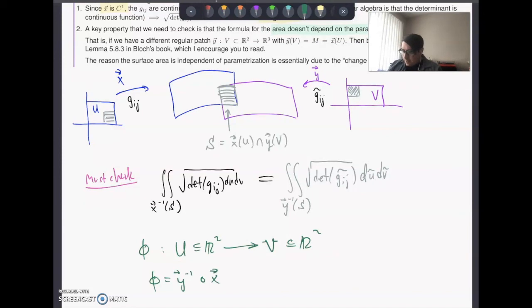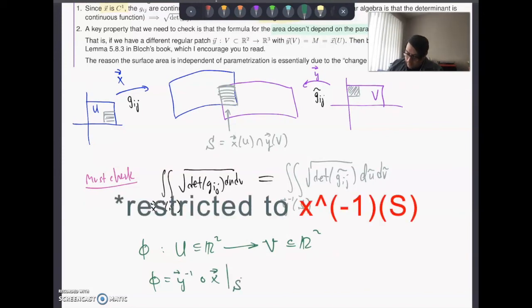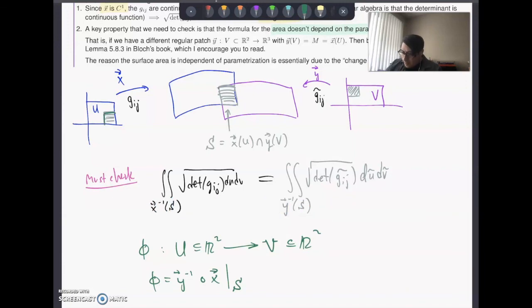So if we look at this restricted to s, this seems to be the right map, where we start here, go to our surface S in R3, and then go backwards via y inverse. This will give me a function, and then you can check the change of variables formula for such a map.